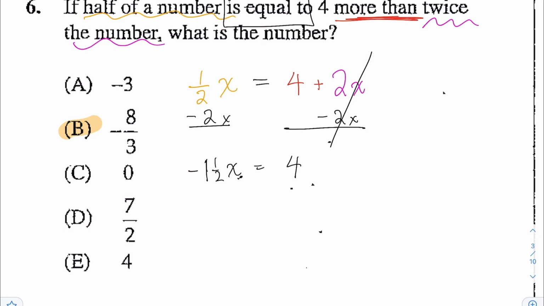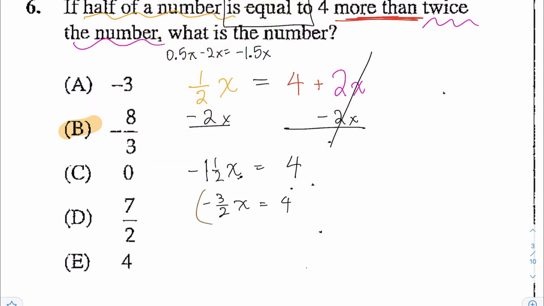You can also rewrite half of x as 0.5x. So this is really 0.5x minus 2x, which will be negative 1.5x. And here, you can't deal with these annoying mixed numbers, so you've got to turn them into improper fractions. So that's going to be negative 3 over 2 x is equal to 4.